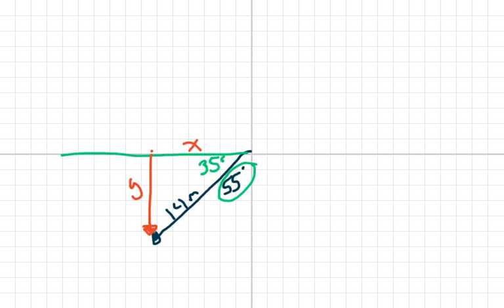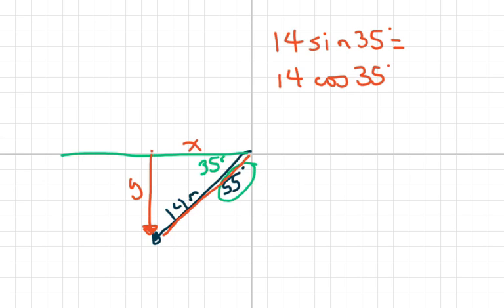So you just do 14, that's your hypotenuse, 14 sine of 35 equals, and 14 cosine of 35 degrees equals. So when you multiply that out, your x is going to be negative 11.5 meters, and your y component is going to be negative 8.0 meters.